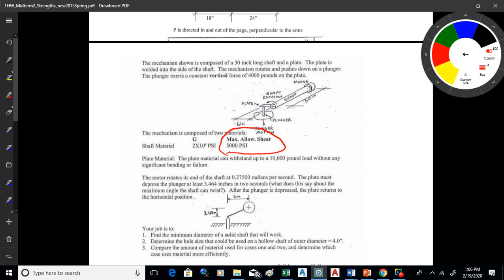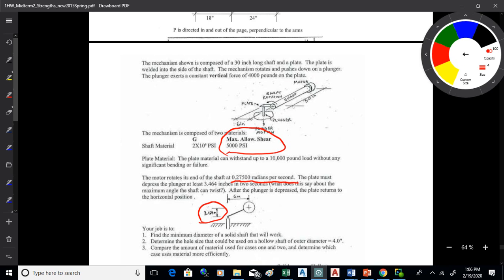We have to push the plunger down 3.464 inches right here. So that's as far down as the plunger has to go. Now the motor rotates the shaft 2.275 radians per second.